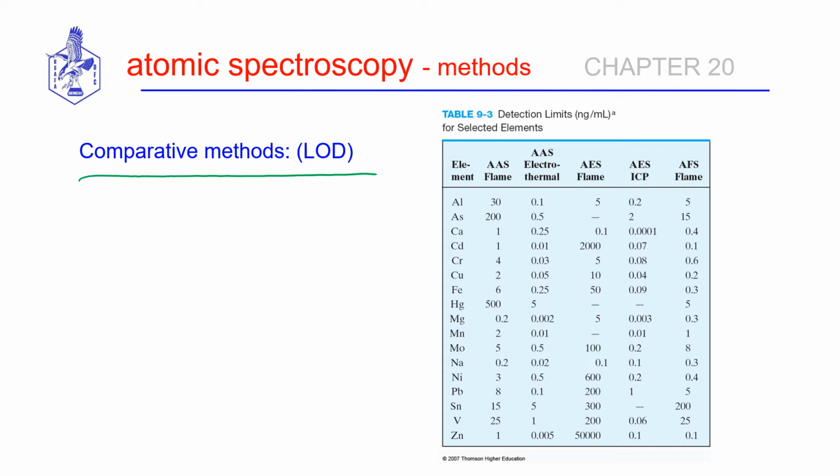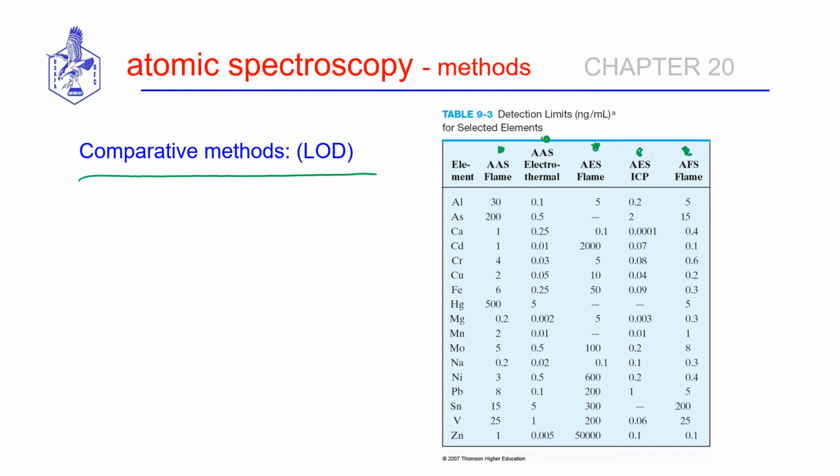You can see we have our flame atomic absorption method here, electrothermal here, atomic emission method with flame, and then we get into the plasma methods, ICP atomic emission spectroscopy, and the final one is flame atomic fluorescence spectroscopy. So if we look at each element, you can see that it just kind of depends.